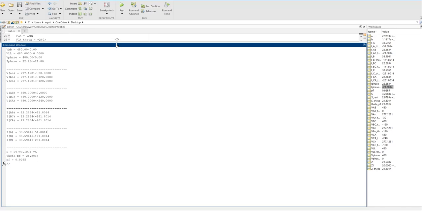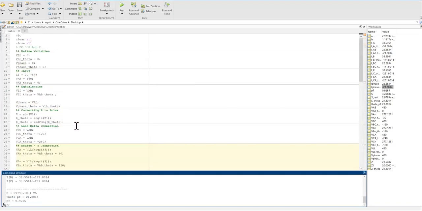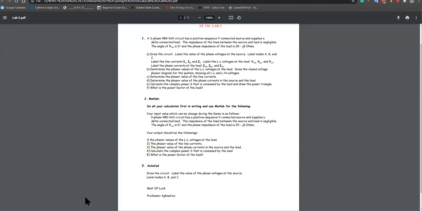As you go through, if you wanted to, depending on what the problem states, you can change it here. But it has to be what we stated earlier: a positive sequence Y-connected source supplies a delta-connected load. You can go forth and change the voltage, and you can change the Z, and obviously the angle.